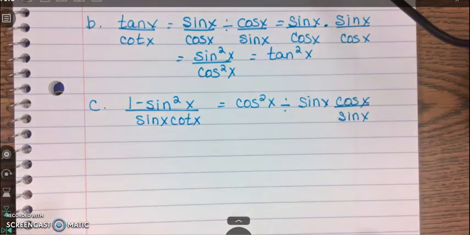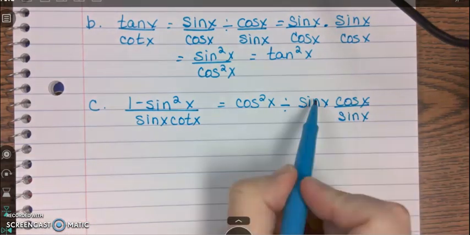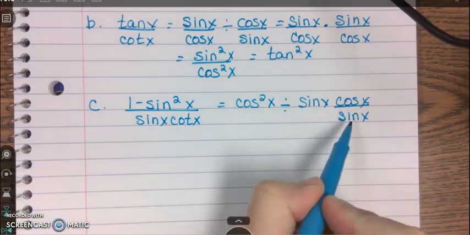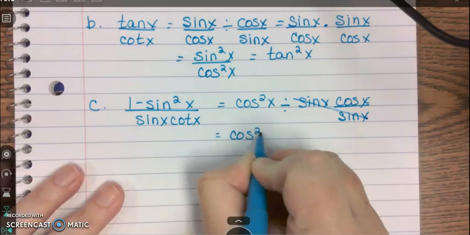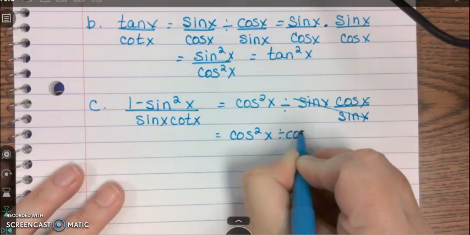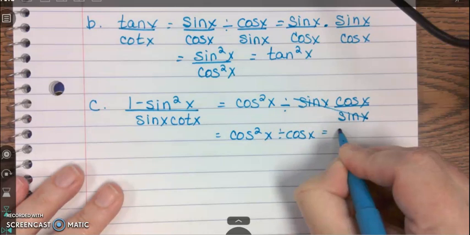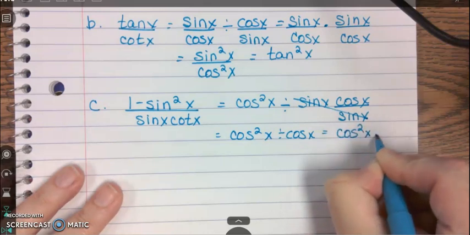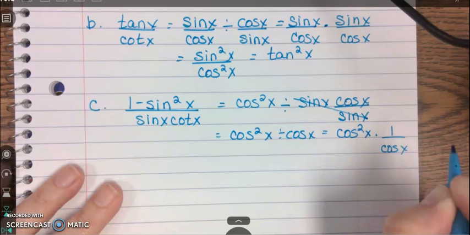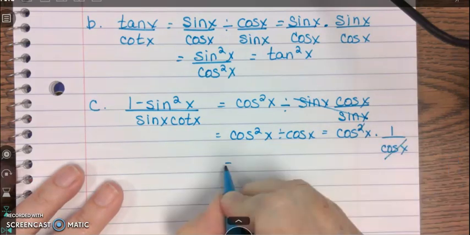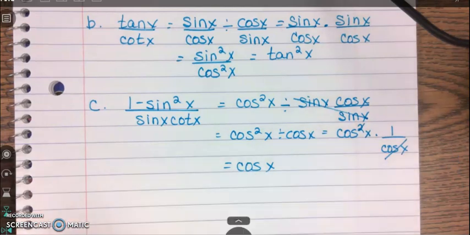Before I even keep change flip, notice I have a sine on top and on bottom. We can cancel that. So this becomes cosine squared x divided by cosine, so cosine squared x times 1 over cosine. This cancels with one of these, so your final answer is going to be just plain old cosine.